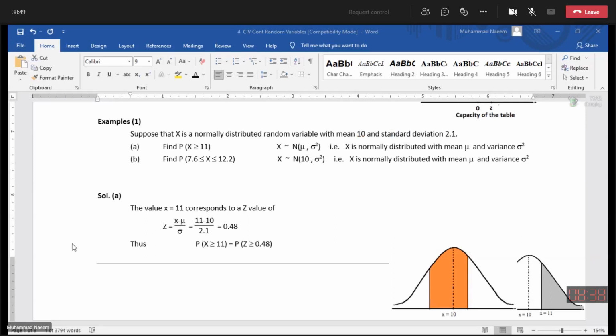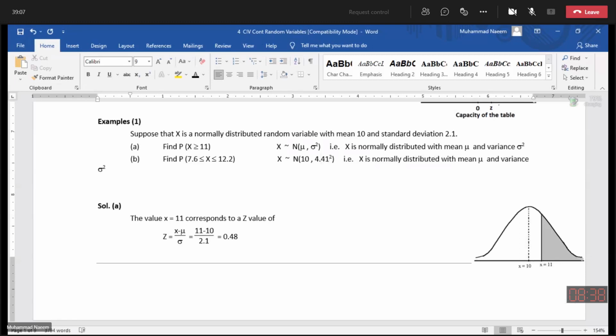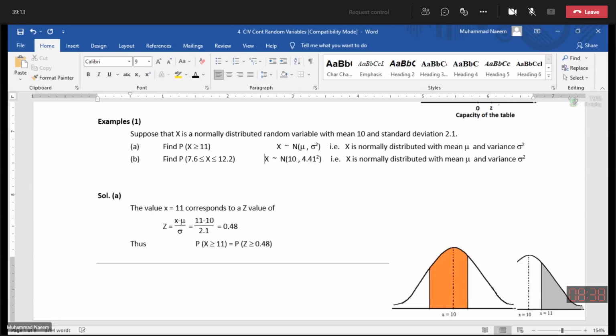So 2.1 squared is 4.41. So here we have variance 4.41. Sometimes we are given the information in the form of a statement, and sometimes symbolically. Remember, the first component is showing the mean and the second component is always the variance.